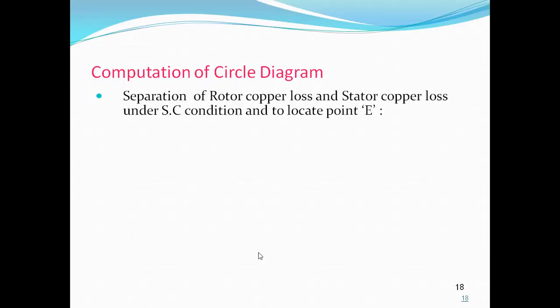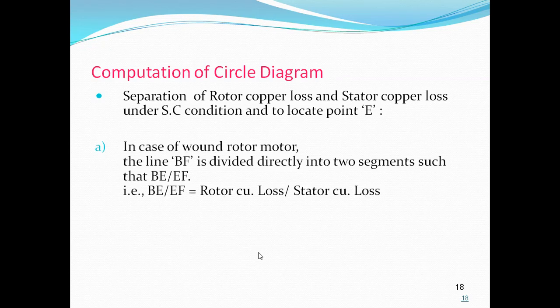Now, separation of rotor copper losses and stator copper losses under short circuit condition. We have to mark the point E, where BF represents the total stator copper losses and rotor copper losses.